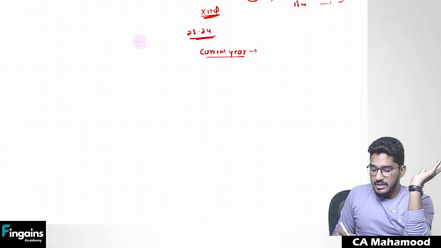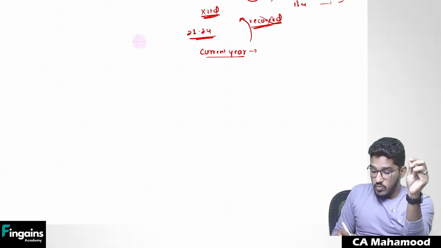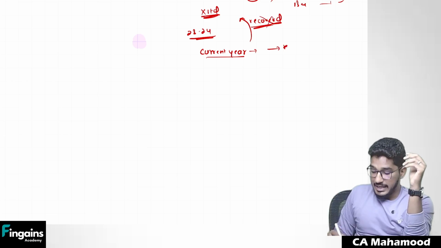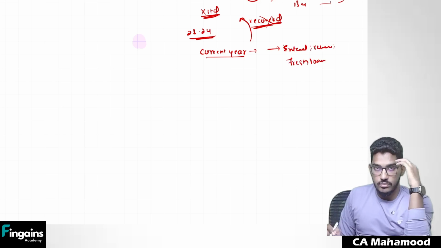Now, when the due date falls in the current year, what the company should have done? They should have recovered that amount. But instead of recovering the overdue loan, what the client is doing is they are extending it. They are extending the due date, or they are renewing it, or they are giving a fresh loan to the same person to repay the old loan.